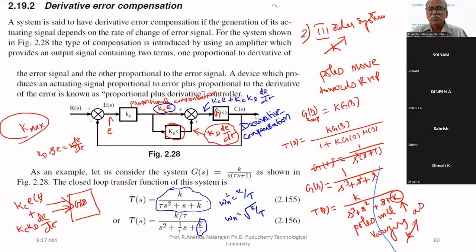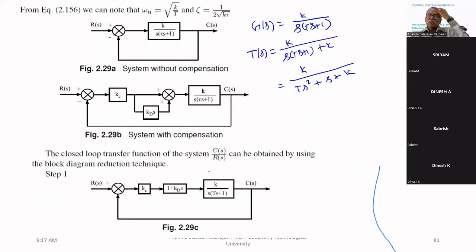This is the open loop transfer function. In closed loop, we got this.